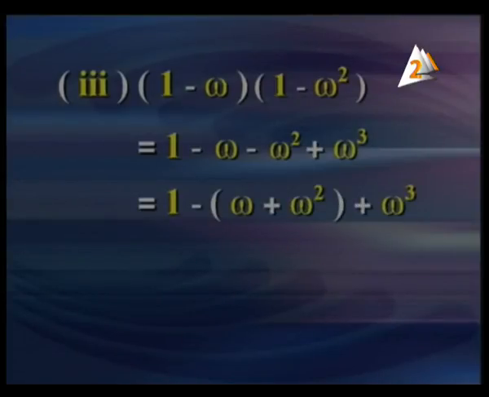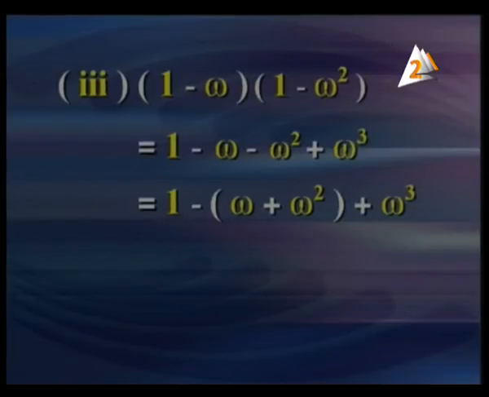Number 3. (1 minus omega) multiplied by (1 minus omega squared): first times first, second times second, mean times mean, extreme times extreme. First times first: 1 times 1 is 1. Mean times mean: negative omega. Extreme times extreme: negative omega square. Second times second: positive omega power 3. Remember, omega power 3 equals 1. Dear student, we take negative common from negative omega and negative omega square.